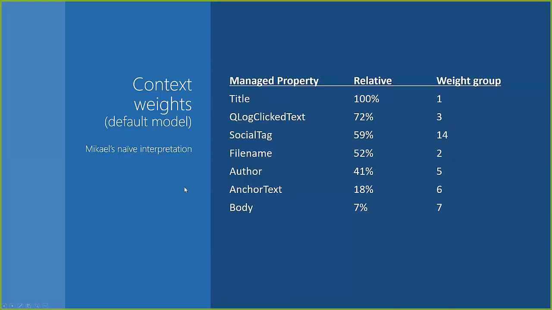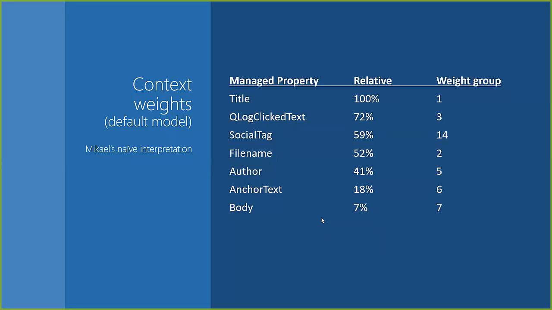It's not that easy. These are just my relative weights. If you say title is the most important, and the others are relative to title, I tried to calculate that. It's probably not correct at all, but it at least gives a meaning of how that works.